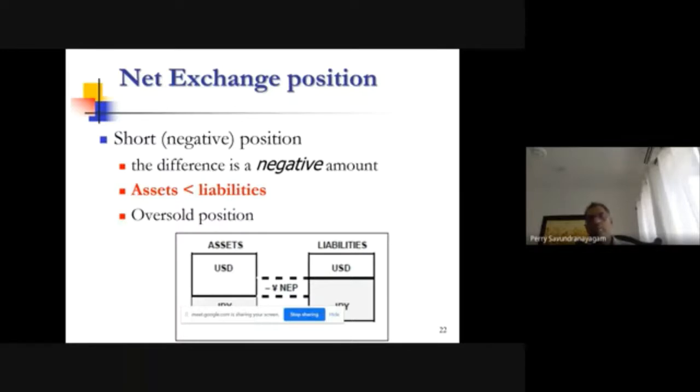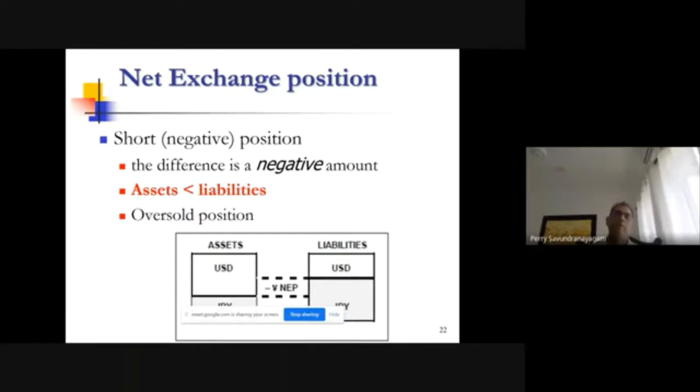I'll come back to why a bank would do all this, but what I'm trying to make you understand here now is that these long and short positions are exchange positions and reflect what the bank is plus or minus in that particular asset or liability, in that particular currency pair. So long position means they are plus one currency, minus another currency.